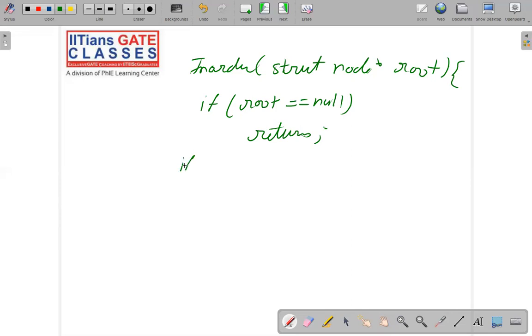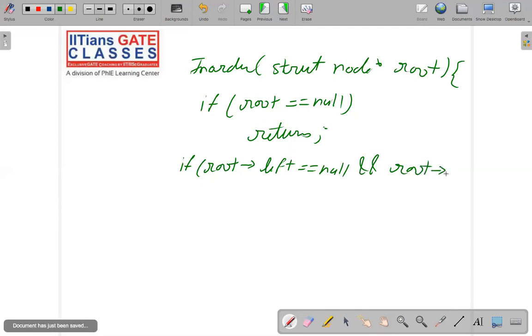So if root left equal null and root right equal null, just print it.